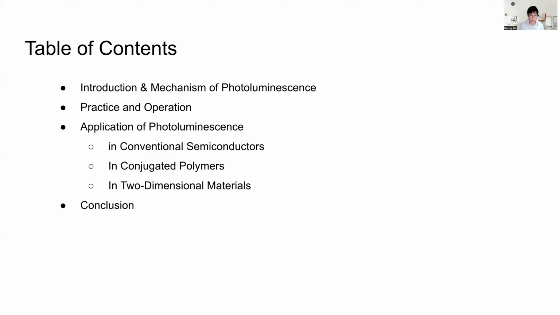And finally, we'll use three examples to gauge the application of photoluminescence in different types of materials. So first, it's in conventional semiconductors, and then in more unconventional conjugated polymers, and in two-dimensional materials. And then we'll have a conclusion that wraps up our presentation.